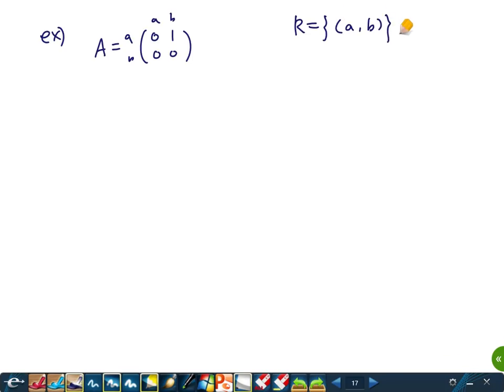So for instance, I just came up with this. Suppose the matrix is 0 1 0 0. That means the relation is just (A,B). What is A squared? It's 0.